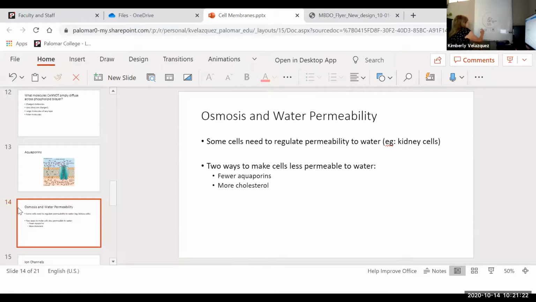Looking at the ECF, we're going to do another vote by chat. Is that ECF hypotonic, hypertonic, or isotonic? Now, again, we're talking about the ECF.